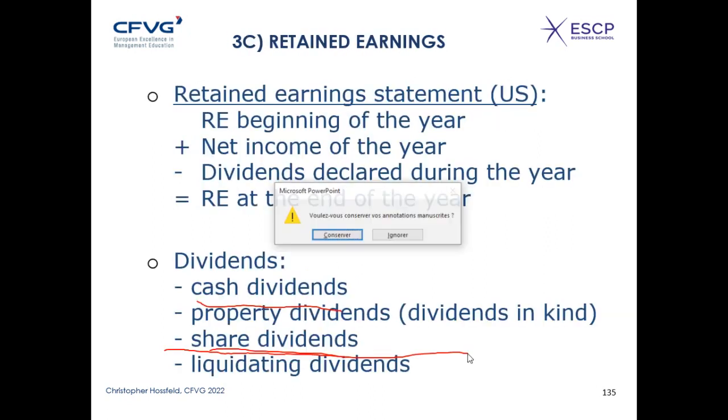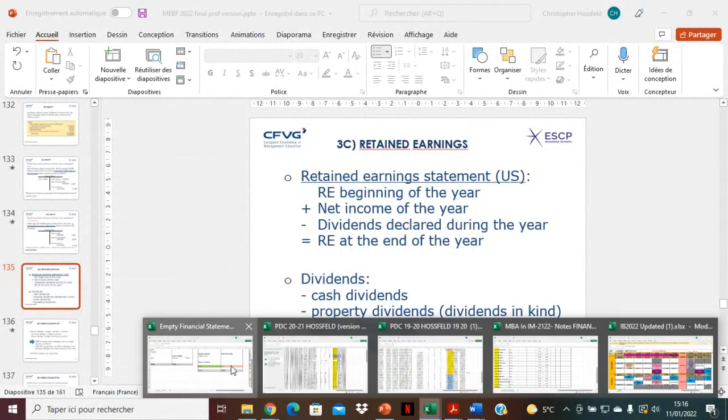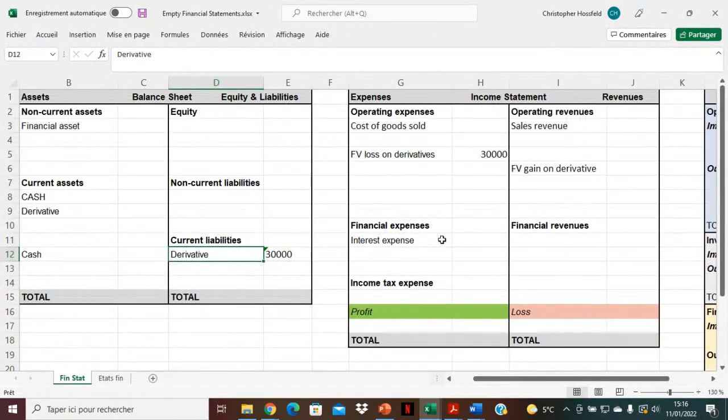Okay, let me tell you something about retained earnings and why we are doing this. We discussed this already a little bit in general, but let me show you how this works. Imagine the company has a profit of 500.